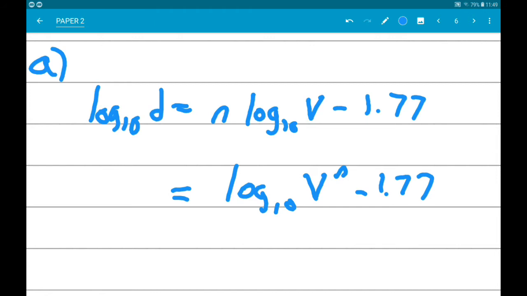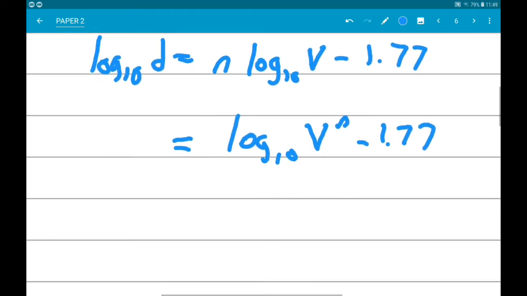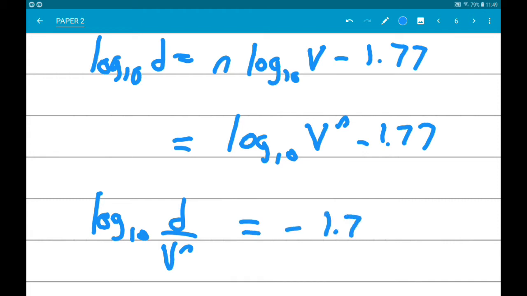So on the left, we're going to get a log 10 of d over v to the n is equal to minus 1.77. Now, to cancel the log, we raise both sides as a power of 10.